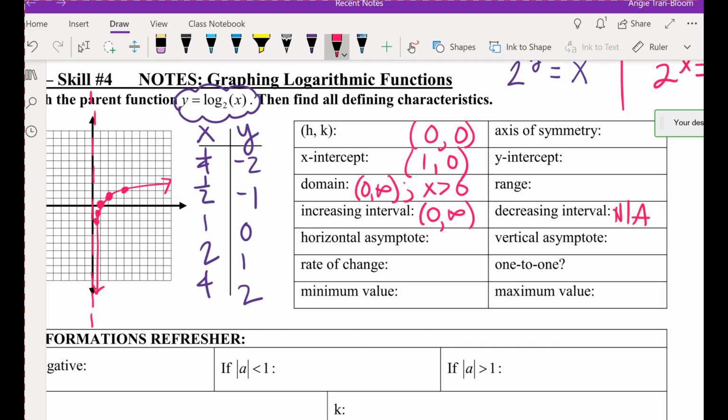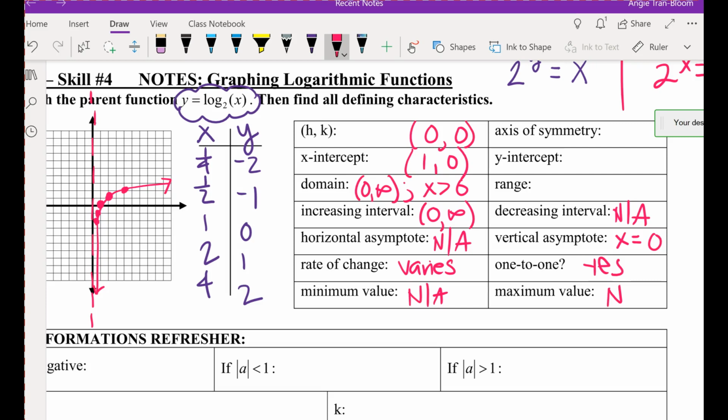For log, do we have a horizontal or vertical asymptote? Vertical, because in exponential we had a horizontal. Vertical at x equals 0. Rate of change varies until you get to math next year. It's definitely a 1-to-1. Do we have either minimum or max? None for both.